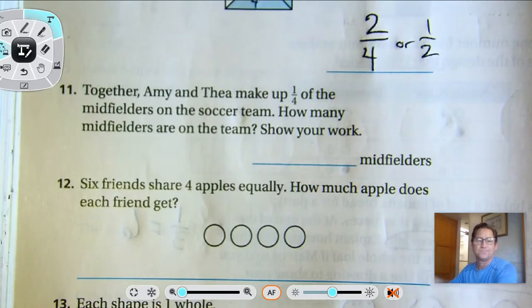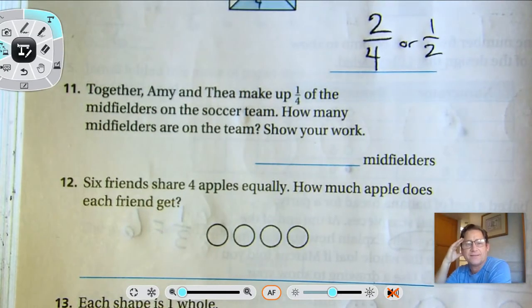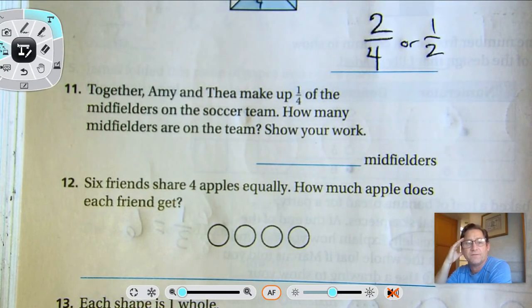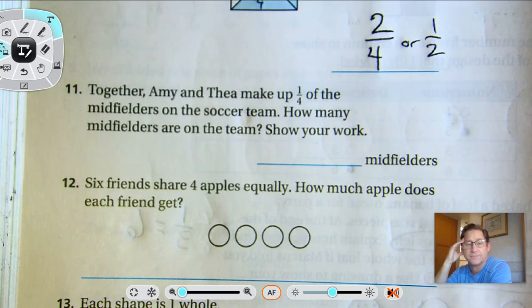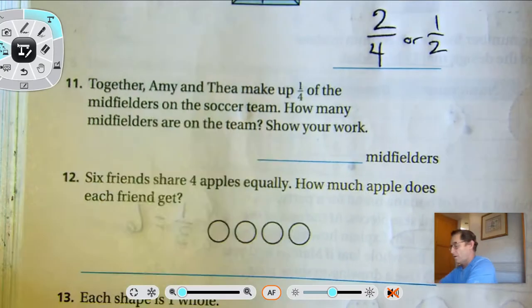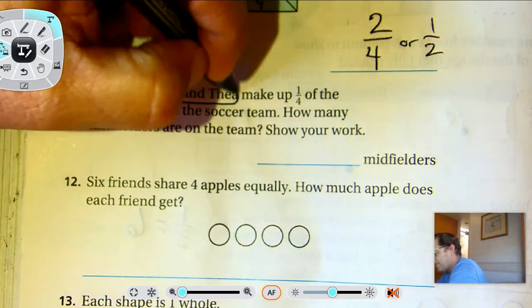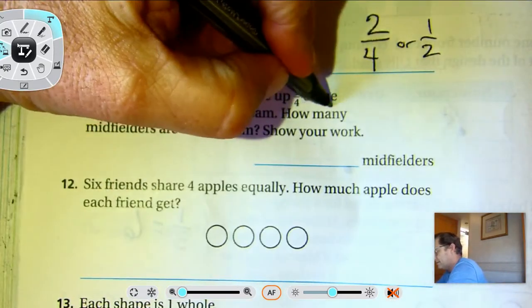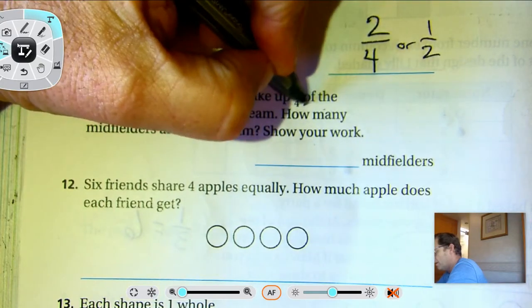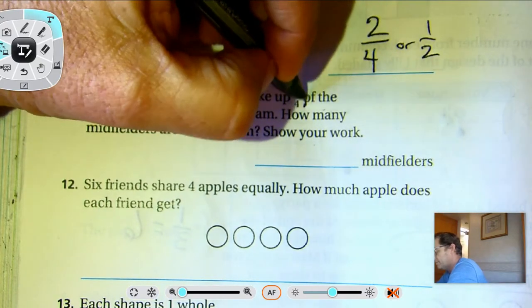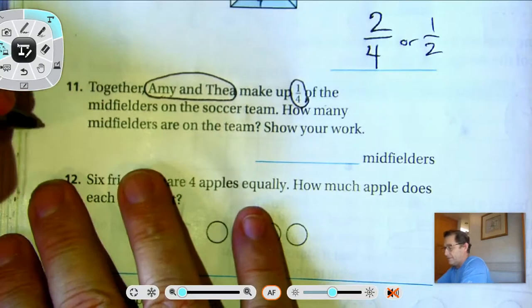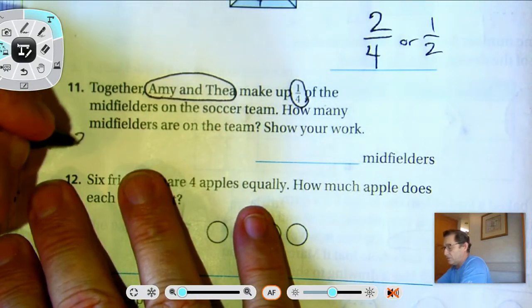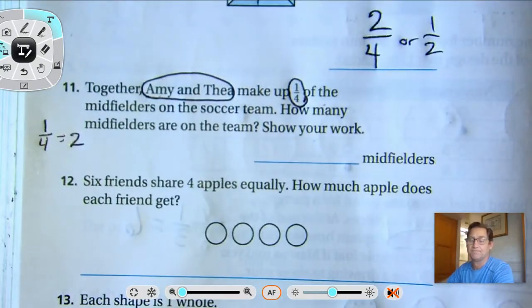Number 11. Together, Amy and Thea make up 1/4 of the midfielders on the soccer team. How many midfielders are on the team? All right, so Amy and Thea make up 1/4. So we can say 1/4 equals 2 players, right?